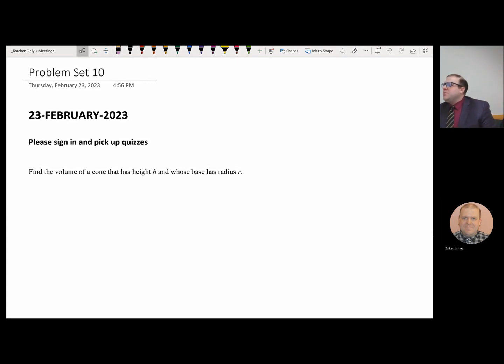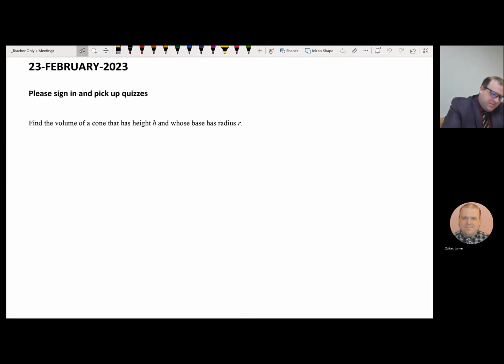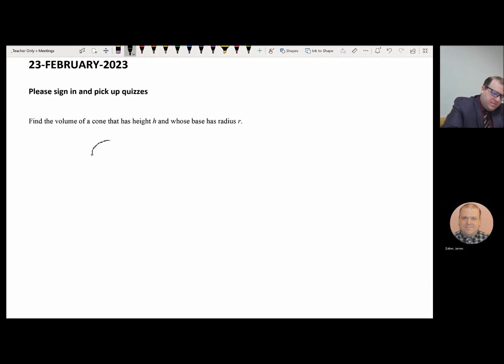What we're doing is deriving a formula from geometry using purely calculus. There are quite a few ways we can get such a cone.